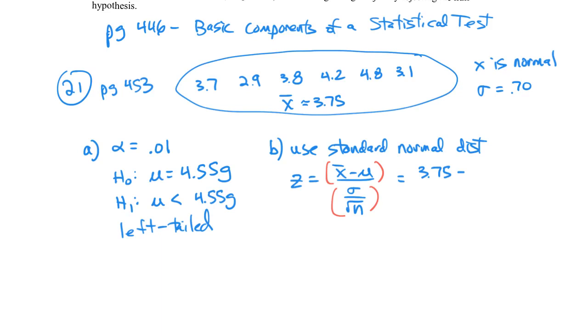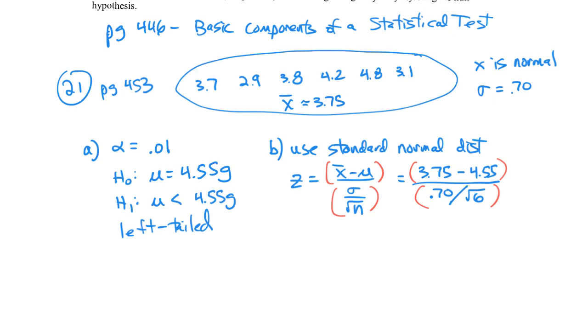Minus mu, the thing we're assuming to be true from the null hypothesis, 4.55. Sigma, they told us, is 0.70. That was given, divided by the square root of n. N is 6. And again, be careful with order of operations and make sure that you divide right here.